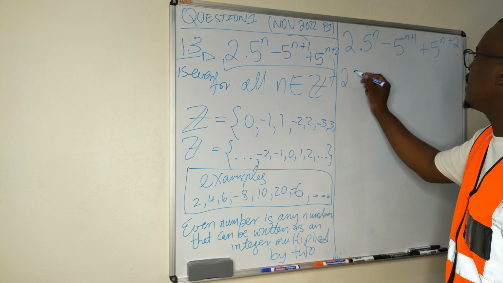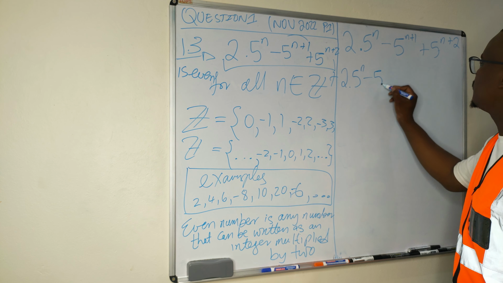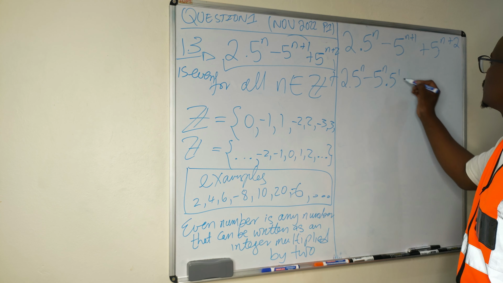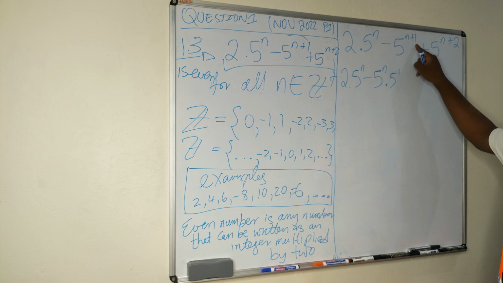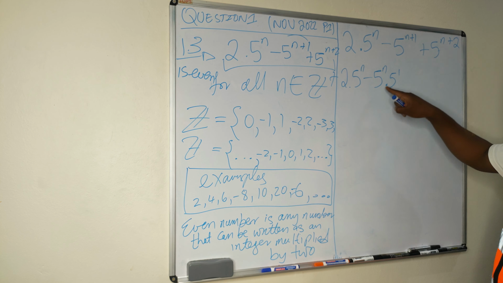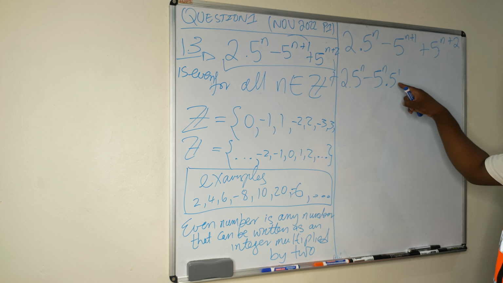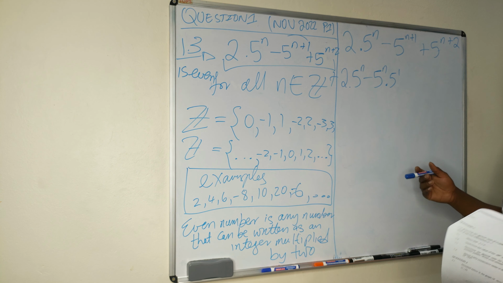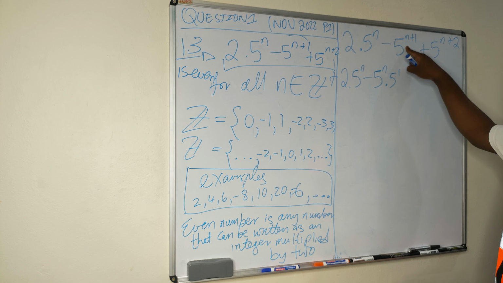This is 2 times 5 raised n minus 5 raised n times 5 raised 1. Because if you have n plus 1 there, before it got here you were multiplying 5 raised n and 5 raised 1. Then you took one base and added the exponents, from exponent simplification. So this is how it looked before you got here.